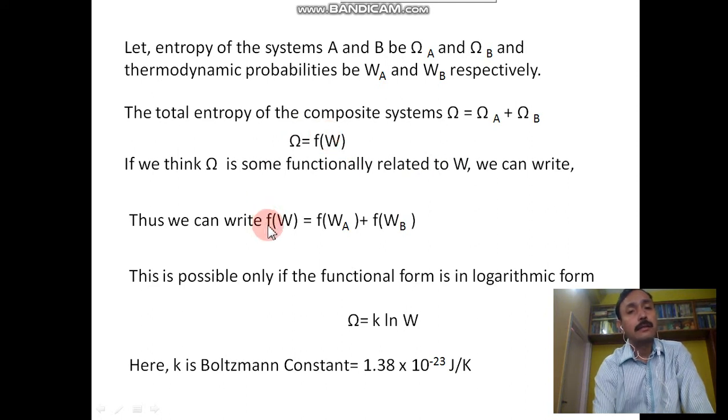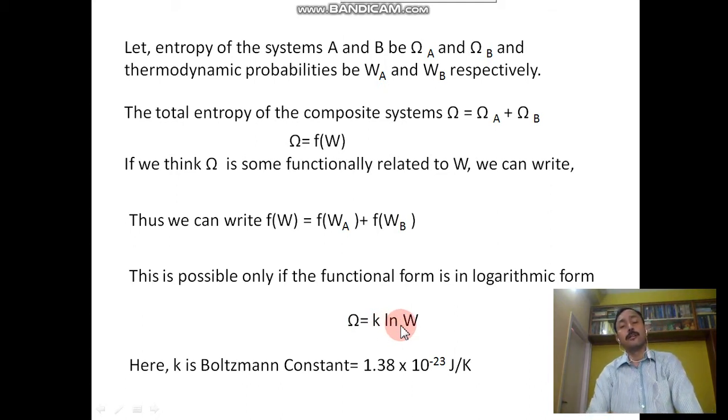So f(W) for the composite system is equal to f(WA) plus f(WB). This is possible only if the functional form is logarithmic, that is sigma is equal to k log W. Here k is the Boltzmann constant, its value is 1.38 times 10 to the power minus 23 joule per Kelvin.